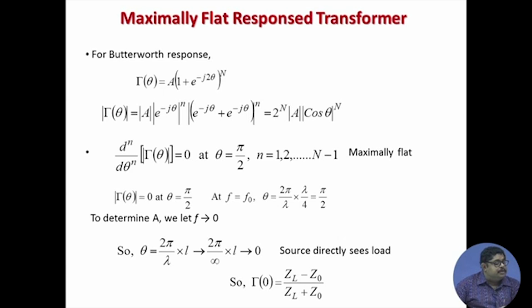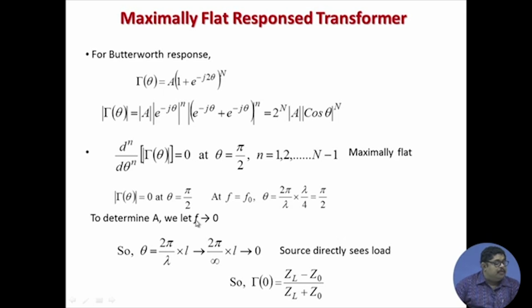So, based on that, finally, you need to determine A, how many sections you will have, which is this n, and also what are the characteristic impedances of the multiple sections, so that you achieve this synthesized reflection coefficient. So, to determine A, what do we do? We put f equal to 0. Now, theta is the electrical length, which is beta into L, and beta is 2 pi by lambda.